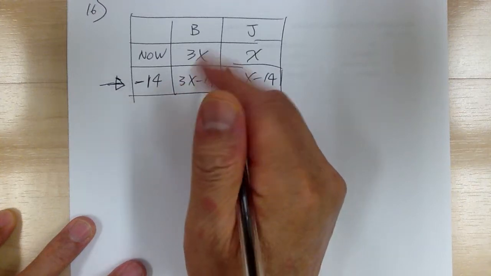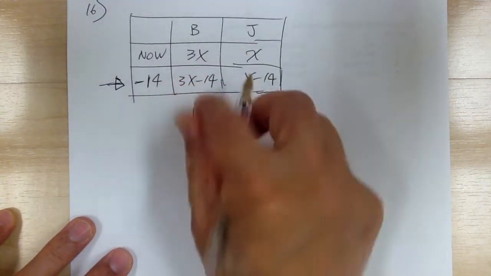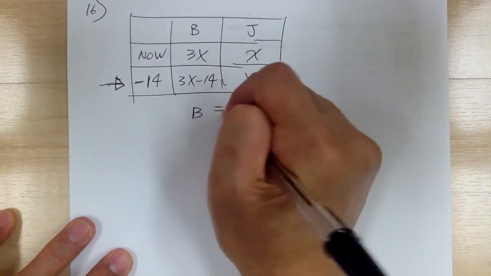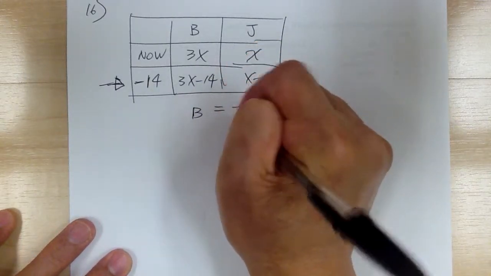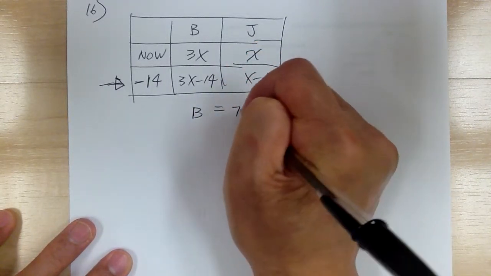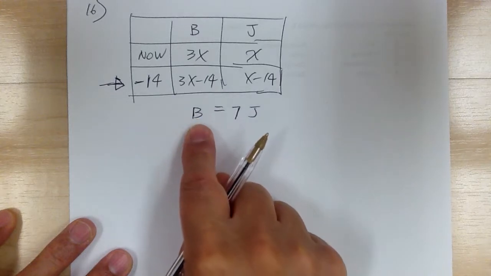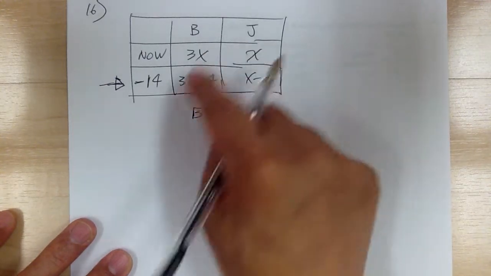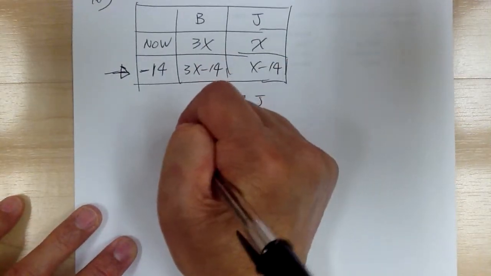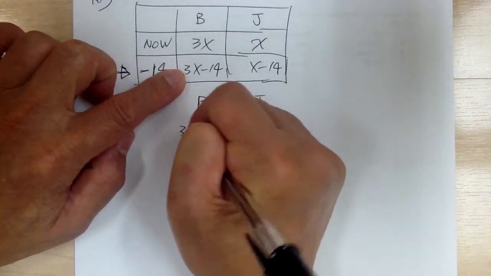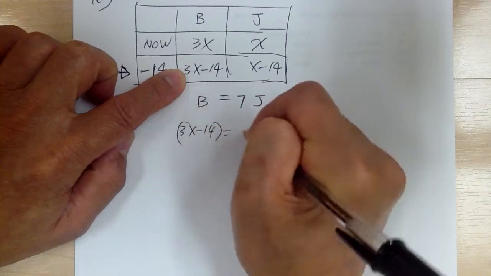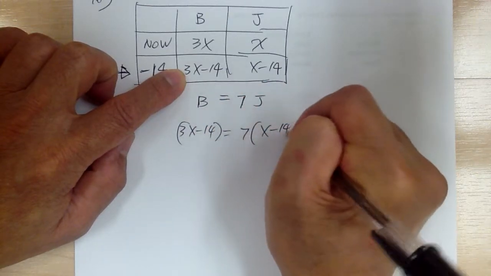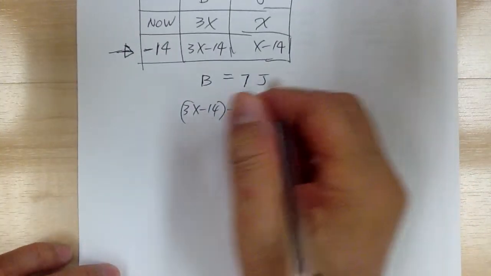So 14 years ago, Mr. Biller was 7 times as old as Janet. So that's going to be a substitution. So Biller is 3x minus 14 equal to 7 times x minus 14. So multiply everything out.